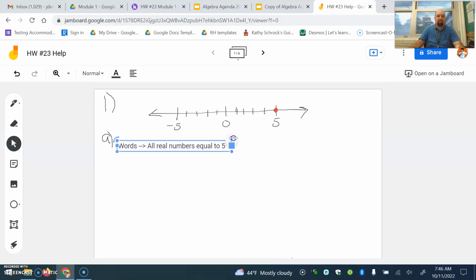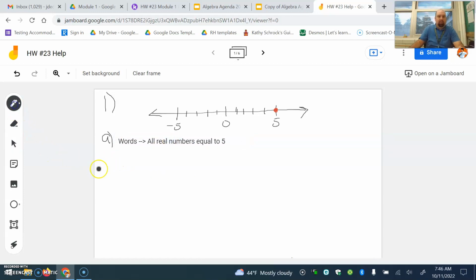Obviously, when we think about what that really means, it's just one solution, so it sounds a little weird to word it that way, but that's how we're going to do it. For the set notation, I'm going to use curly brackets, with the number 5 in it, curly bracket, and that's it.